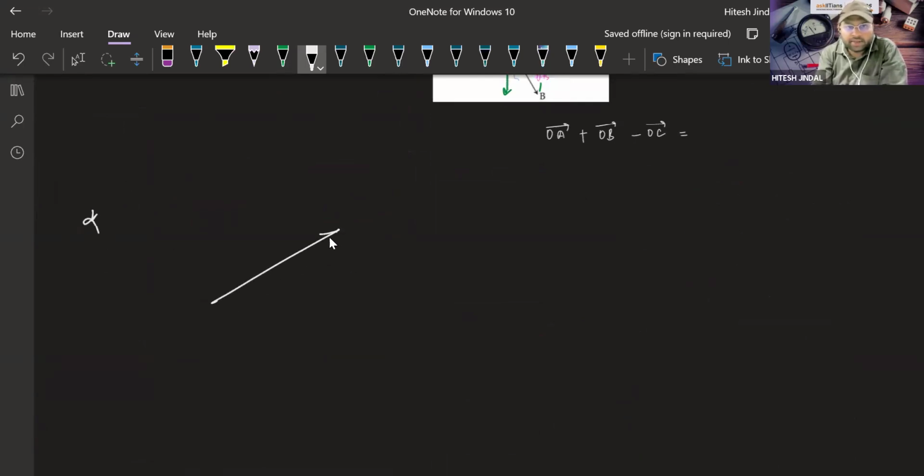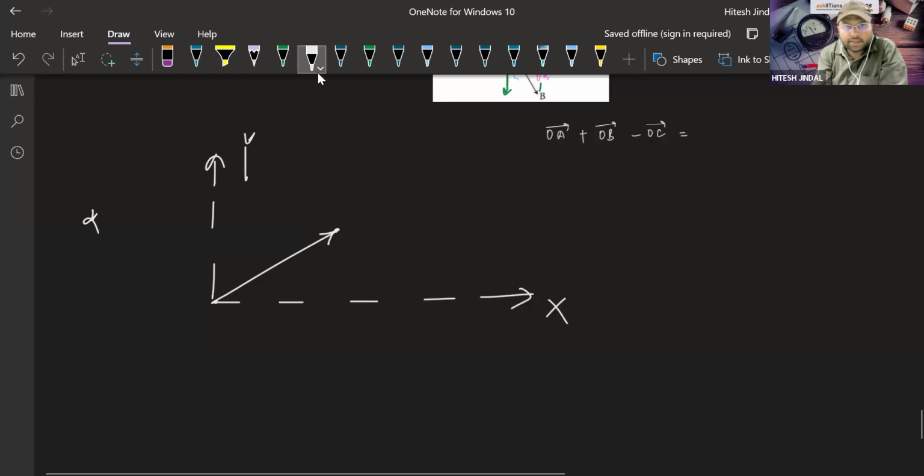Let's say I have a vector here. This is the x-axis. This is the y-axis. And let's say this vector is some vector P, and the magnitude of P, which is also denoted as P, is let's say 10 Newton.